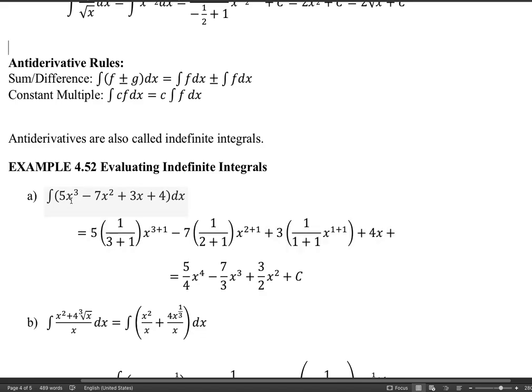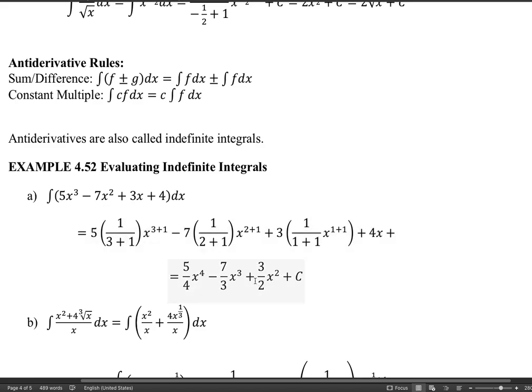Handle the antiderivative of x to the power 3. Take out the 7, the antiderivative of x squared. Take out the 3, the antiderivative of x. And take out the 4, then this is the antiderivative of 1, right? Which is x. Then for each, using the anti-differentiation power rule, I got the antiderivative.